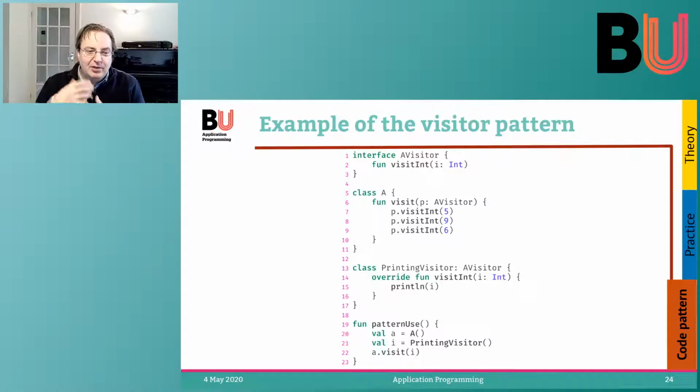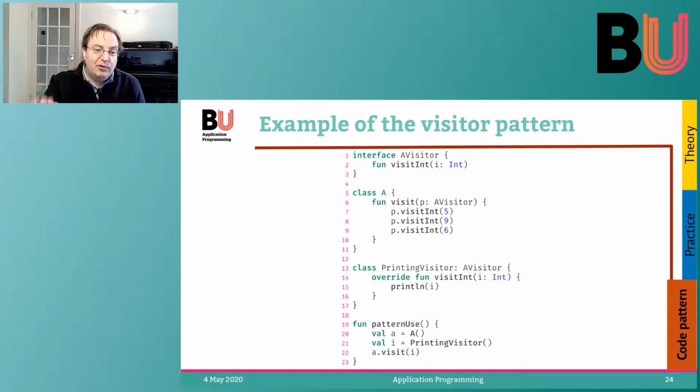It is again a way of indirecting. In particular, what you often have in a data structure is that you actually know the underlying types, and then you can call those with the right visit method, so that the right visit method can work with that particular type.